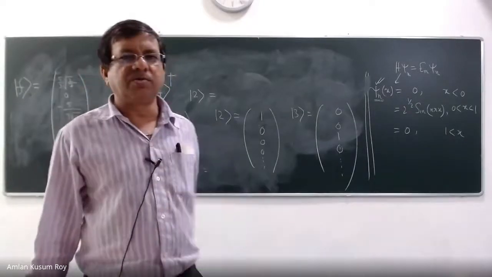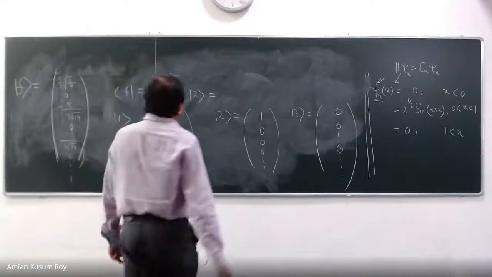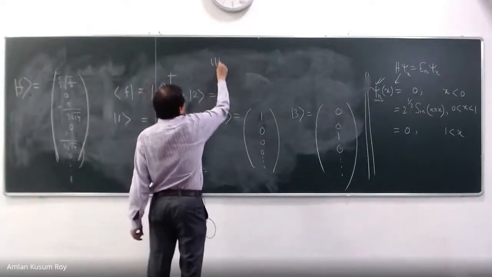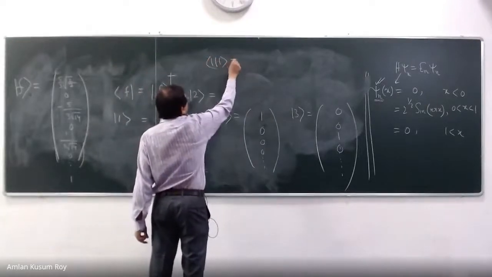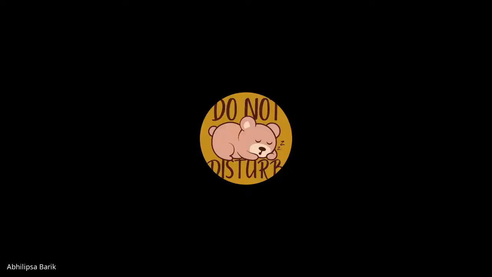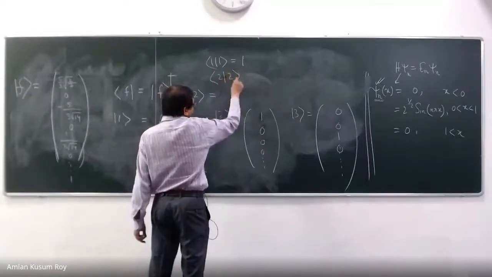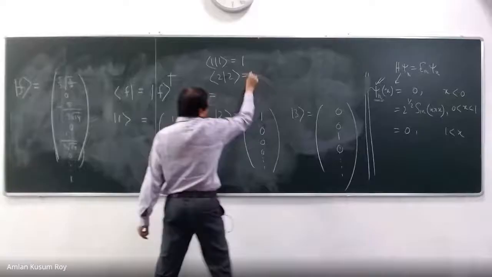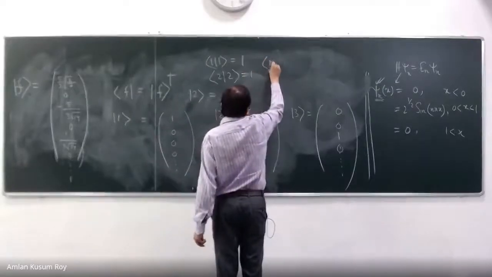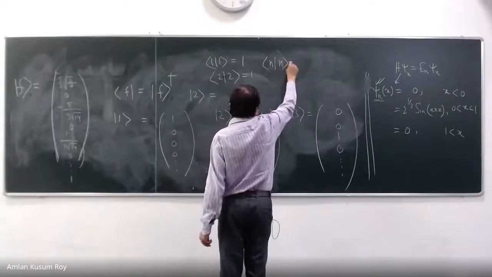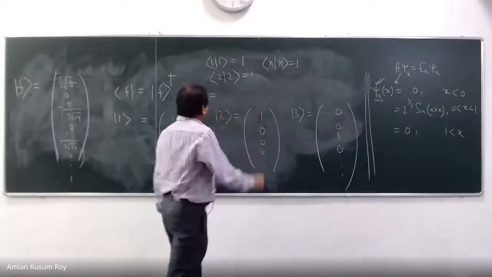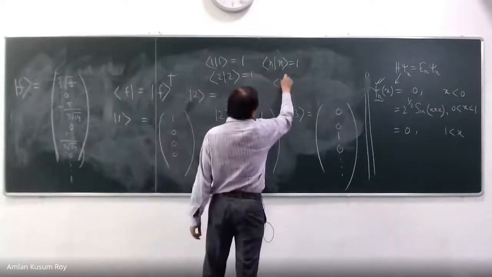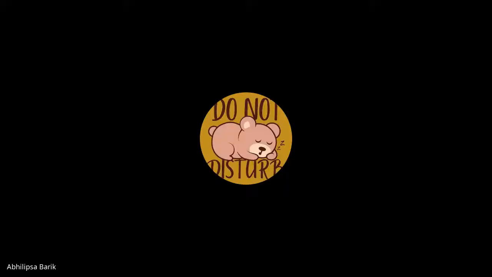Somebody even used this. So that means my 1, 1 should be 1. What is my 2, 2? 1. So that means my n should always be 1, right? And what is my 1, 2? 0.